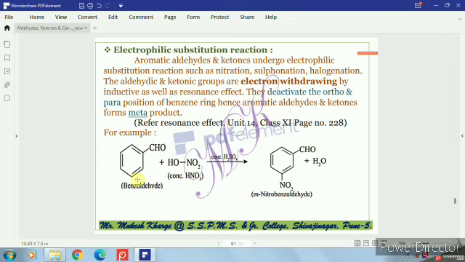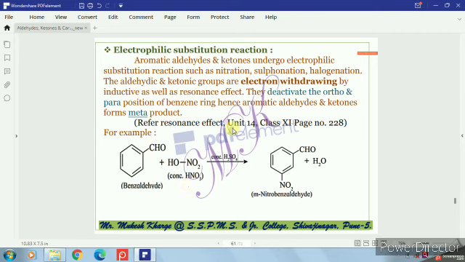Okay, so that's why we get a meta product instead of ortho and para, which we observe in case of halobenzene and phenol. So check the resonating structure of benzaldehyde and try to find out the answer why there is a meta substitution and not the ortho para substitution.